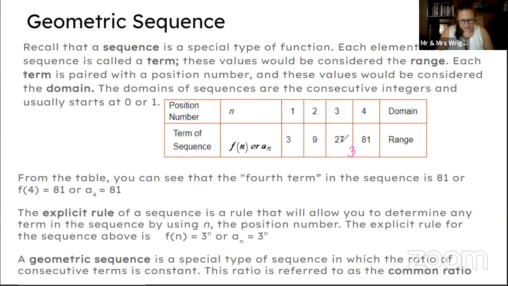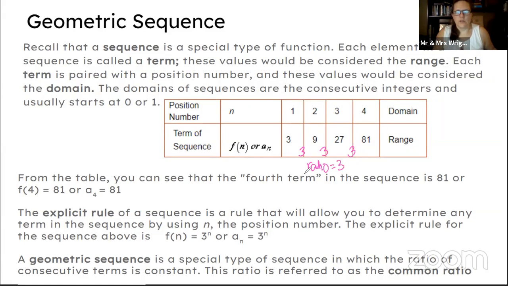And if I take 27 and I divide by 9, 27 divided by 9 is 3. And then 9 divided by 3 is 3 as well. So in this case, our ratio is 3.